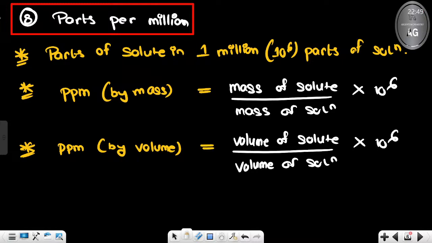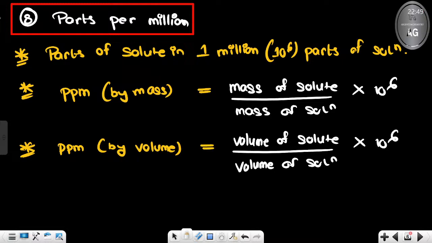Though it is not that less, if you are giving 0.0001 gram in 2 liters, then that is very less. So in that case, we'll be using parts per million to express that.